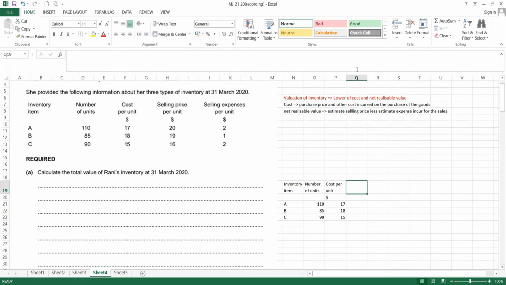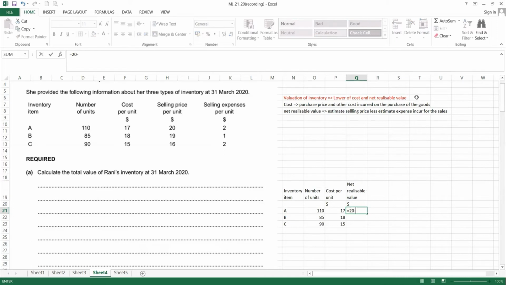This one actually is a net realizable value. We take the selling price, 20 minus $2, so we get 18. Whereas 19 minus 1, we get 18. And then another one, 16 minus 2, 14. So now we need to choose which one is lower. Compare these two, 17 is lower.